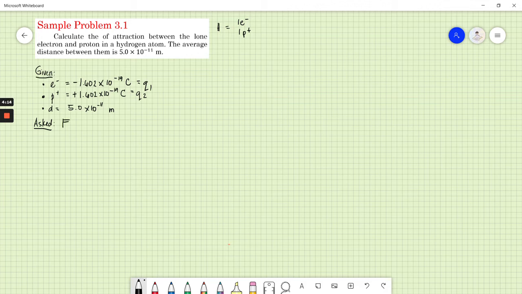So we are solving for F. And the formula that we have to use is basically Coulomb's law because we discussed previously Coulomb's law is what we use to measure the magnitude. It's the formula that we have to use to measure the magnitude between two point charges. And we can think of these as our two point charges.